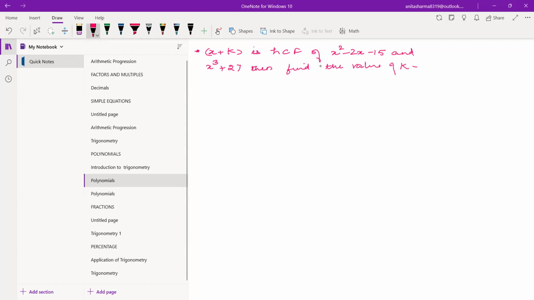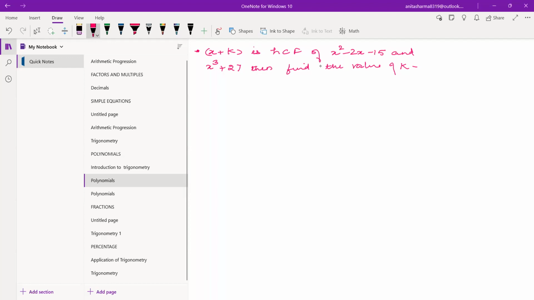So, any idea, children? Ma'am, first we can find the other factor. First factorize x square minus 2x minus 15. Abhinav? Ma'am, I have no idea.